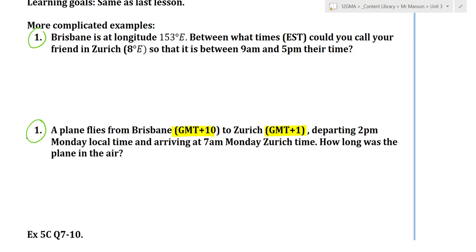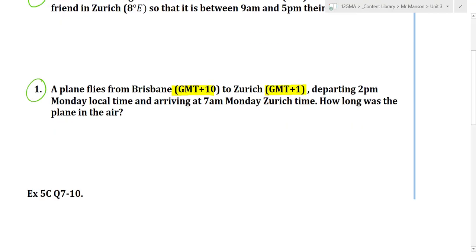Now again, this question is asking you to decipher a time, but it's not telling you which way it goes. So we're going to assume the shortest time, which may or may not include the international date line. So you've got to go through and understand that process. So what I am going to say is that if I draw a nice box, in that box I can put details of the information I have.